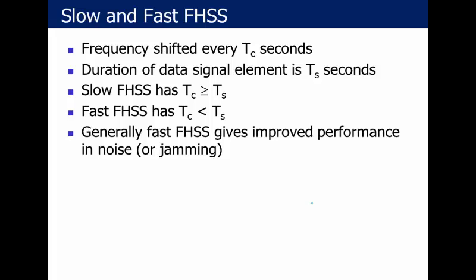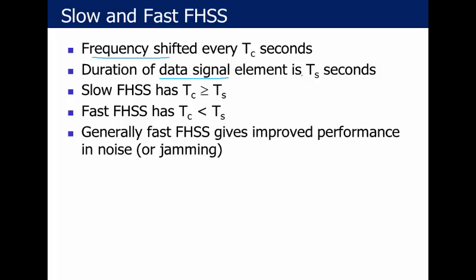There are two kinds of FHSS, frequency hopping spread spectrum: slow and fast. If we look at the time, the frequency shift time and the data signal transmission time.